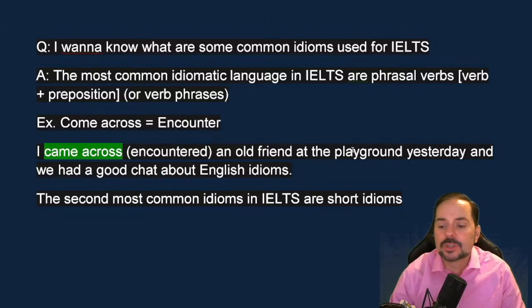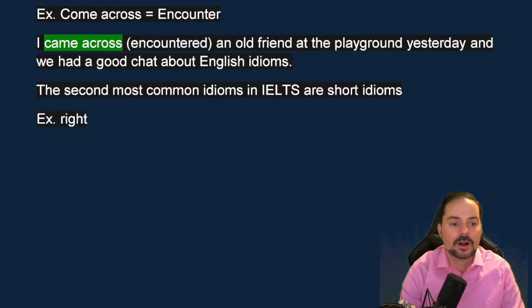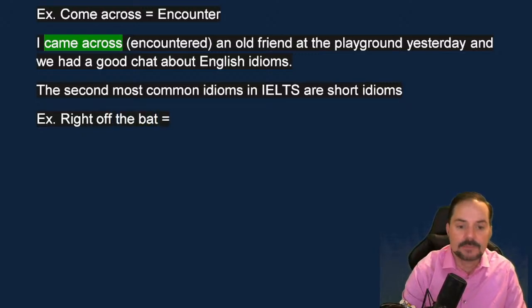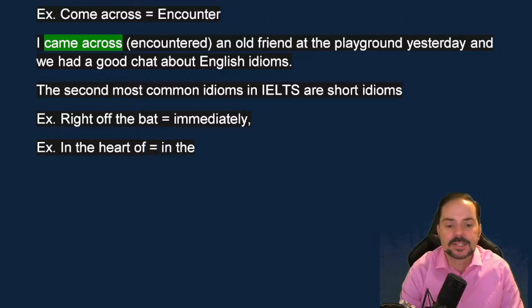Okay, so short idioms, for example, like right off the bat, which means immediately. I used this idiom a second ago. Or, for instance, in the heart of, which means in the center.